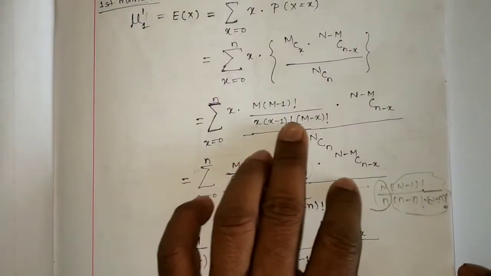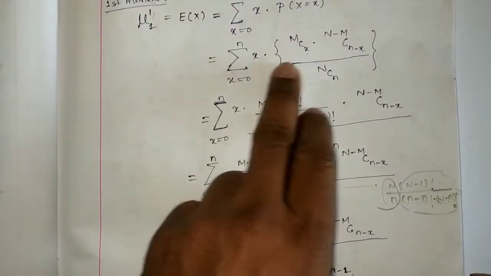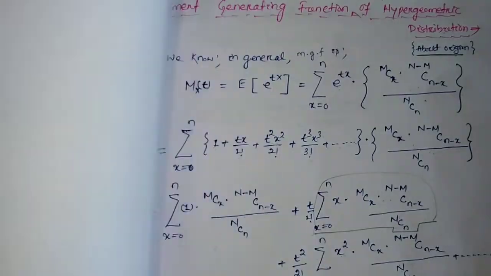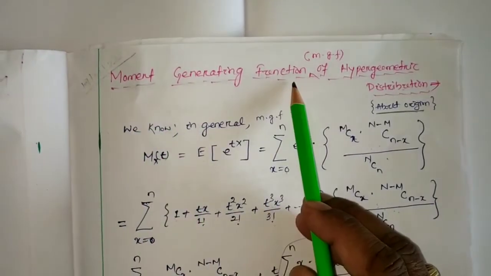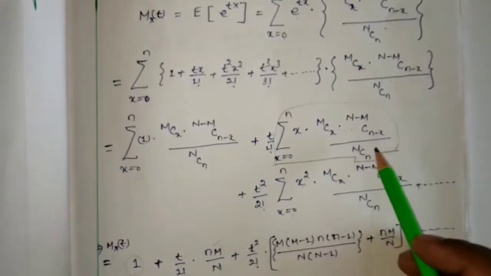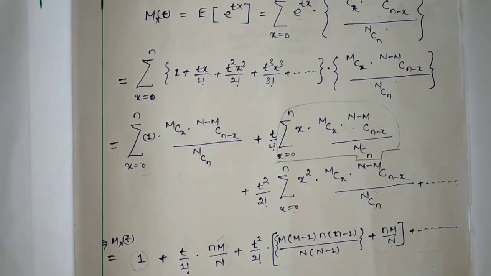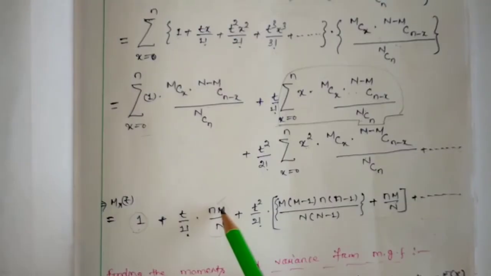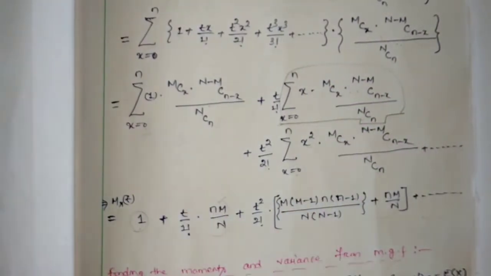Here it has been written that the summation from 0 to n of this much value is this much. If in your exam you are trying to find the expectation and variance using the moment generating function, you have to calculate this summation in your exam paper. That means, instead of simply writing that this equals this, you have to derive how the value of this one becomes this, whatever we discussed in our previous video.